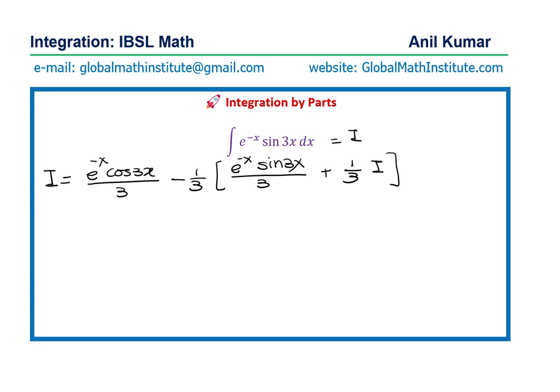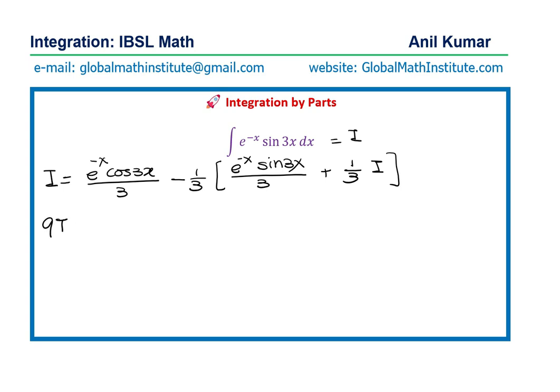Now, we can bring it to the right hand side and simplify our expression. If I open this bracket, I get I equals e to the power of minus x, or let's multiply by 9 on both sides.